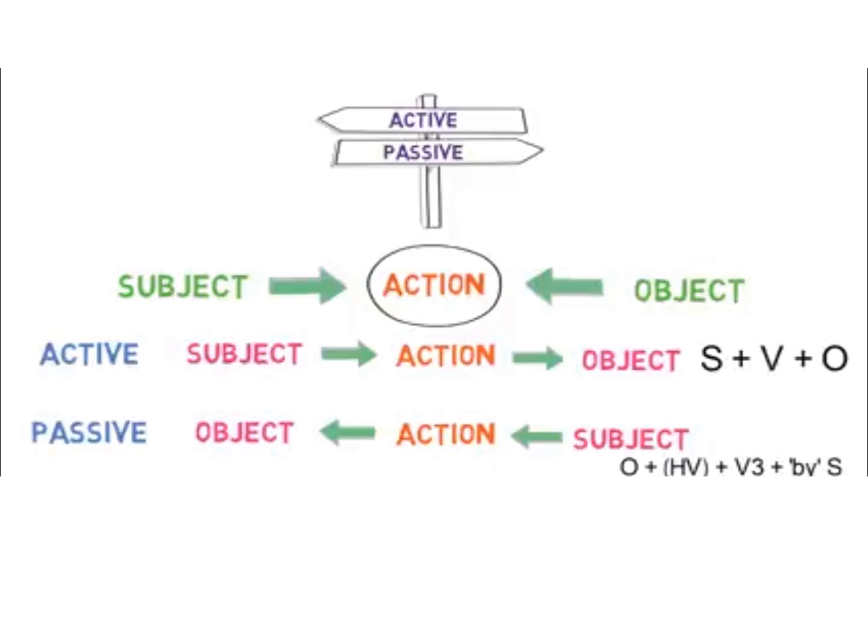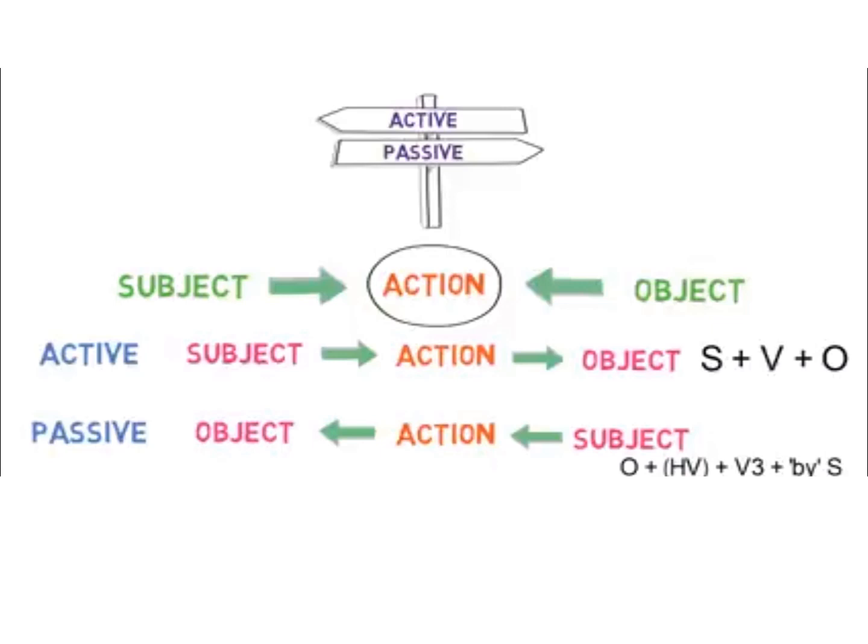Action is done either on the object, but it is done by whom? That is the subject. So the sentence construction would be subject, action, that is verb, and the object. So you have to divide the sentence into three parts: subject, verb, object.